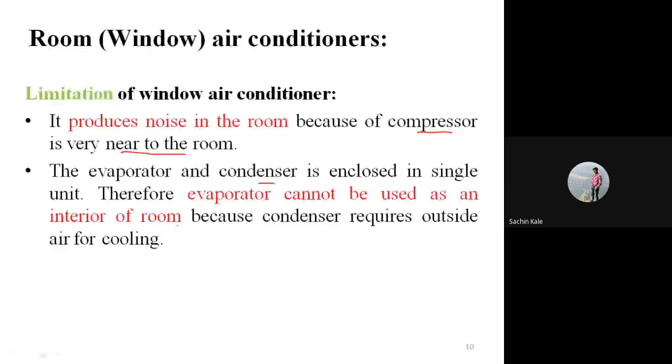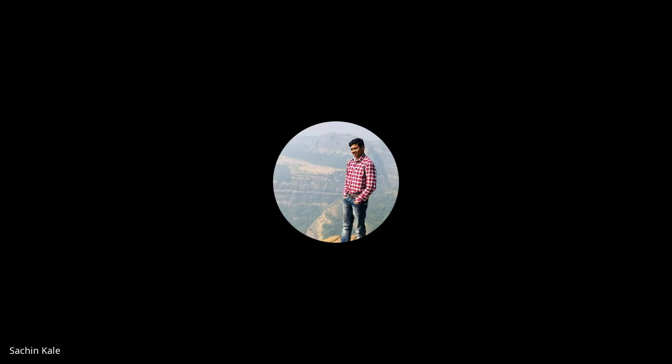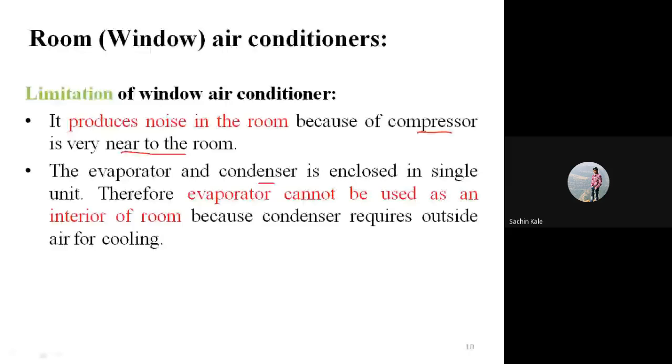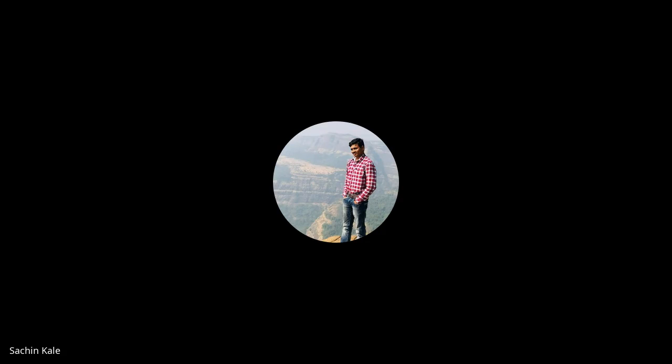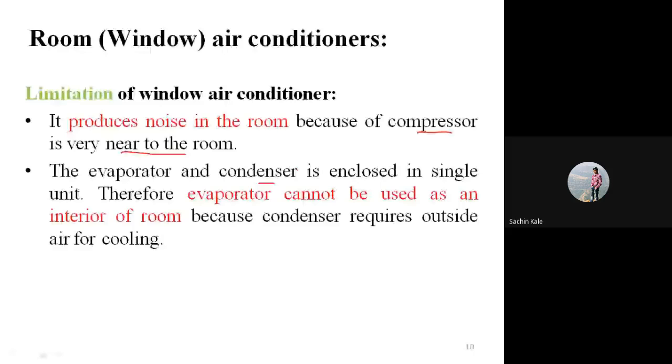So for interior decoration purposes, you cannot use the evaporator, because both are enclosed in a single unit. Whereas in case of split AC, the evaporator part will be separated and the condenser part will be separated. That provision is not available in a window air conditioning system.